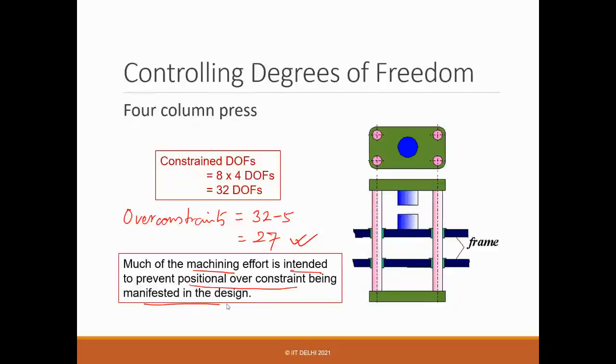So when you say that if you follow the exact constraint design principle we have to use precise components, that's not exactly true. Actually, you use precise components when it's an over constraint design. But if it's not an over constraint design, a simple design can also work with normal tolerances, normal components, and you can just do fine adjustment later.